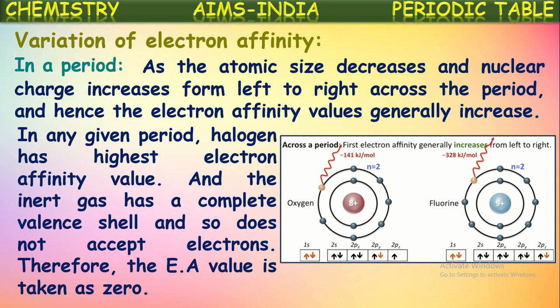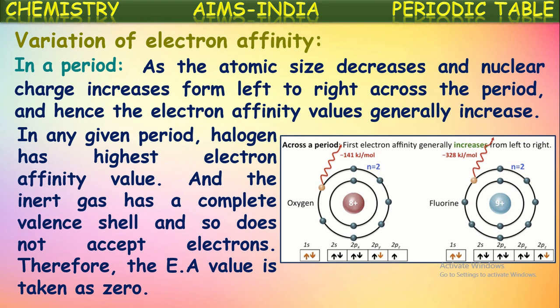That means from alkali metals to halogens, from the first column to the 17th column, electron affinity gradually increases. But coming to noble gases, they already have a stable configuration. They do not accept any electrons, so there is no question of releasing energy. So the electron affinity or electron gain enthalpy for noble gases is considered as 0.